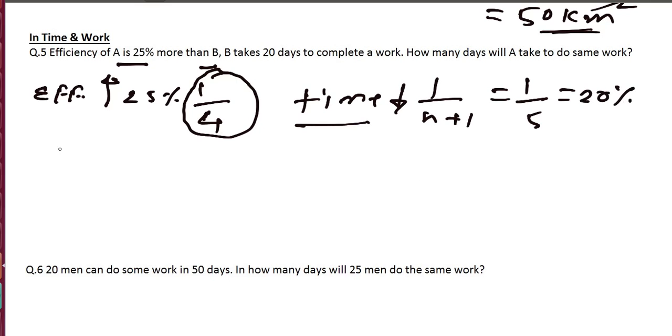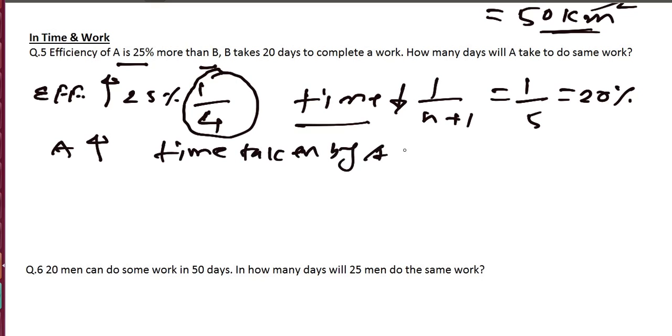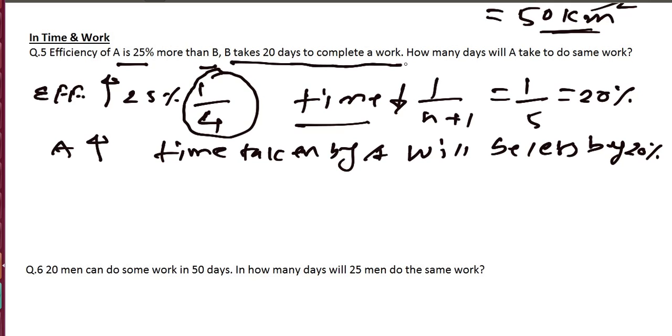Since the efficiency of A is more, the time taken by A will be less by 20%, right? Now B is taking 20 days to complete a work, and the efficiency of A is more than B by 25%.